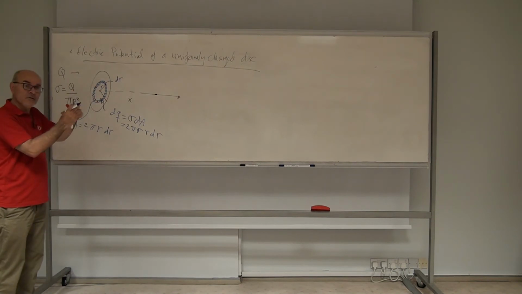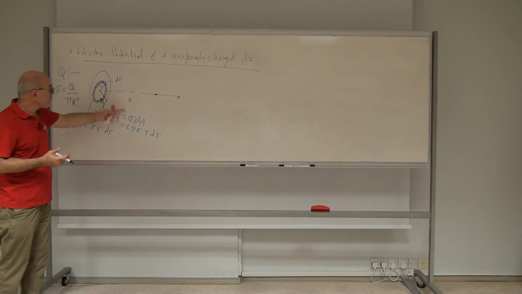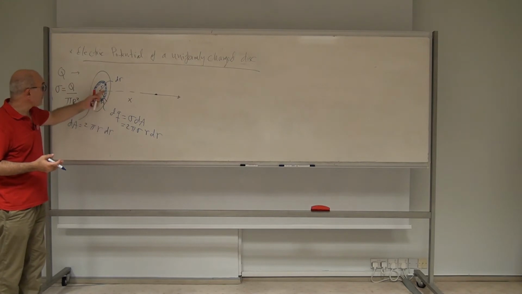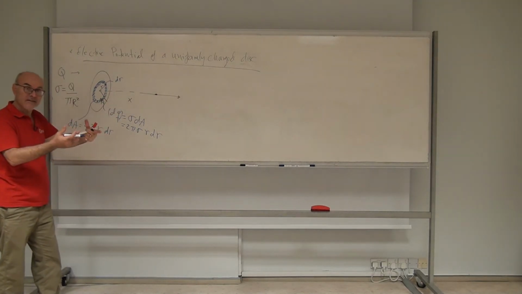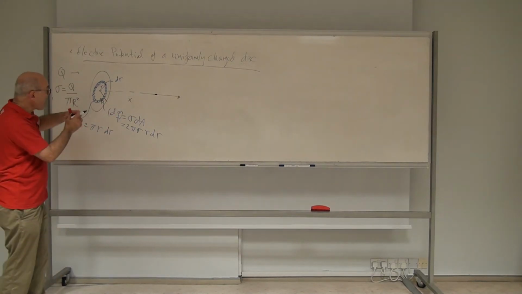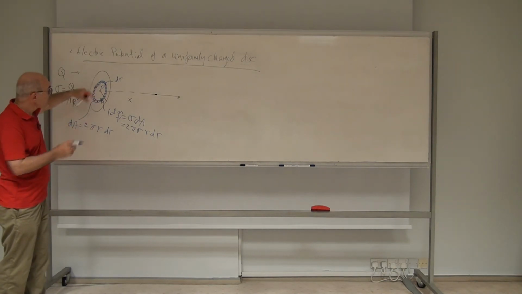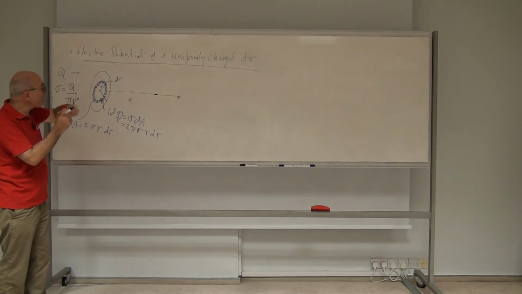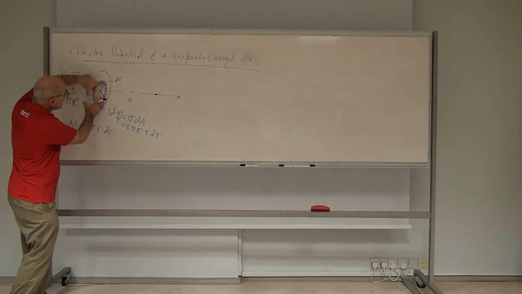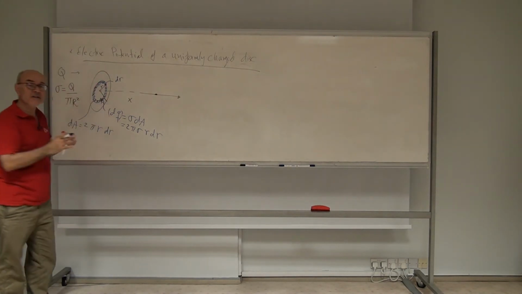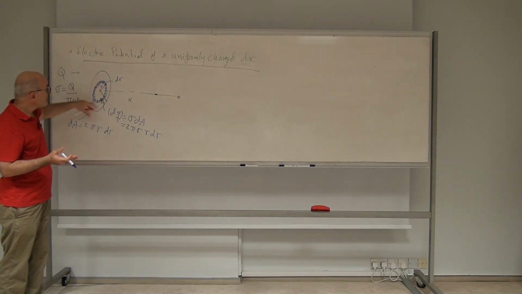Now this dq will be considered as the charge of the ring. I know the expression for the potential of this ring, which carries a charge dq, at this point. I find it; this will be my dV. And then I add up the contribution of all these dq's. In other words, I add up the potential of each of these rings, which have different radii, so that they cover the whole surface of the disk. And this is how I find the potential of the whole charge distributed over the disk.